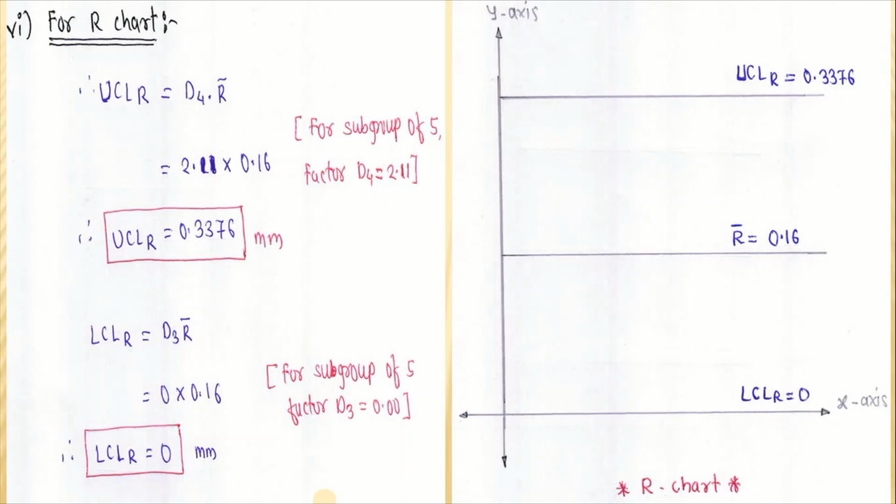If it is not, then we have to check whether any change in the design consideration, the machine properties, or the process parameters is required. That we have to check based on the plot. So here we have seen the numerical problem for variable data, plotting the X bar chart and R chart based on the 3 sigma limits.